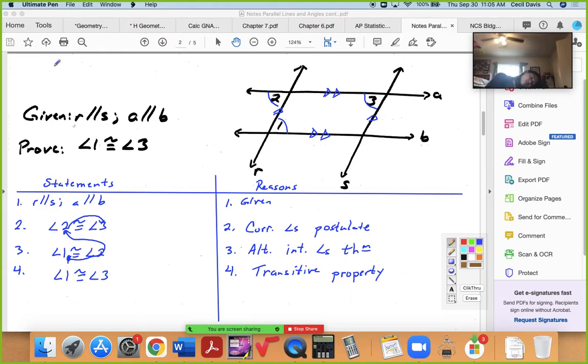Basically, the transitive property says something like this. You don't need to write this down. But if A was equal to B and B is equal to C, then A is equal to C. Anytime I have that pattern, and you can use it, I let people use it for congruence. Your book says the transitive property of congruence. And I'm like, whatever. It's the transitive property.